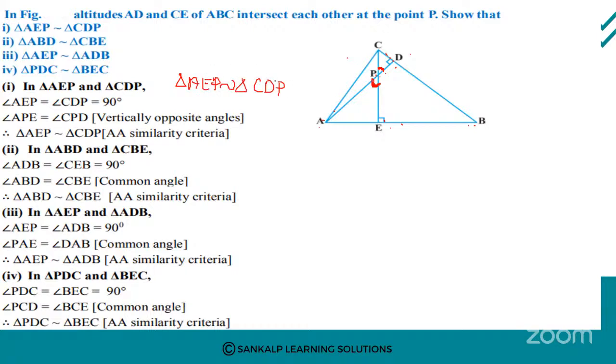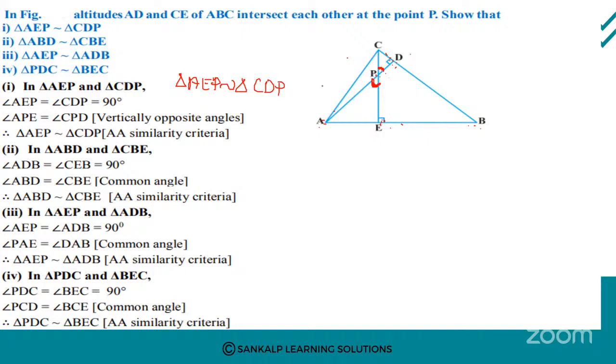CDP. Okay. Next, in triangle ABD and CBE, see, observe here, ABD, so this triangle, and CBE, again D is equal to E. So B, E and D come in the two triangles. So E is equal to D. These two angles are 90 degree.